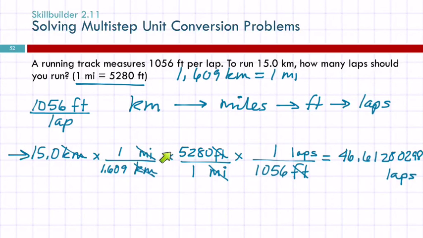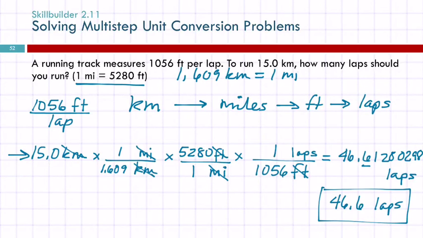This one is exact because it's within the metric system. And this one was defined for us, but 1,056 has 4 significant figures. So we should have 3, and we're going to write, you should run 46.6 laps. Any questions?